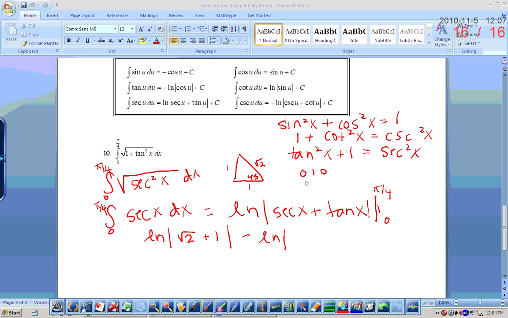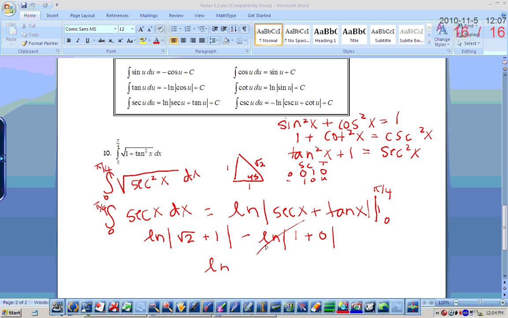The secant of 0 would be the same thing as the cosine of 0 flipped, which is 1. Okay, sorry. I'm slow. And the tan of 0 is 0. So the second half is the natural log of 1, which is 0. So your answer is the natural log of root 2 plus 1.